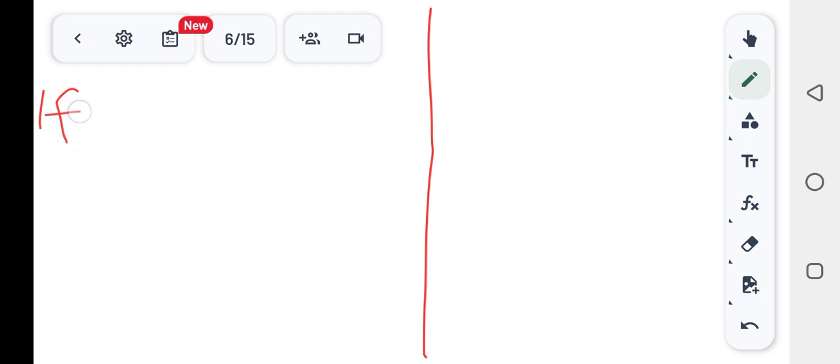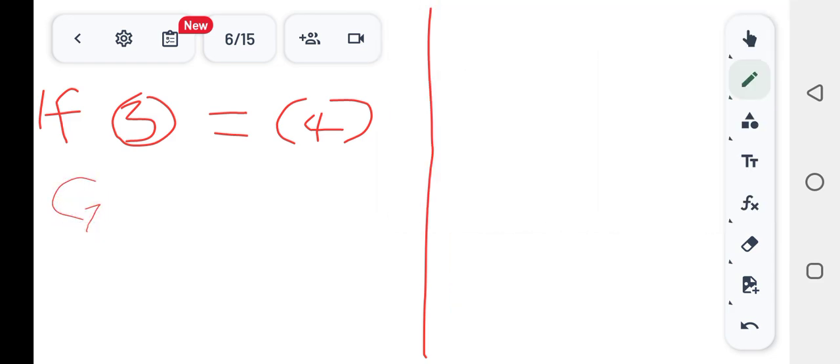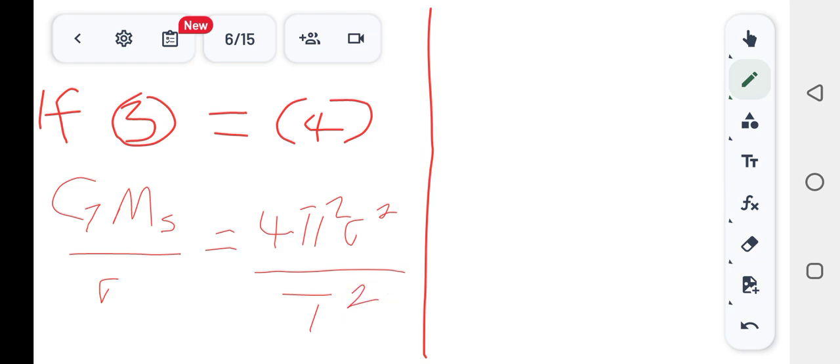If equation 3 equals equation 4, we are left with this expression. Next, we are going to cross multiply.